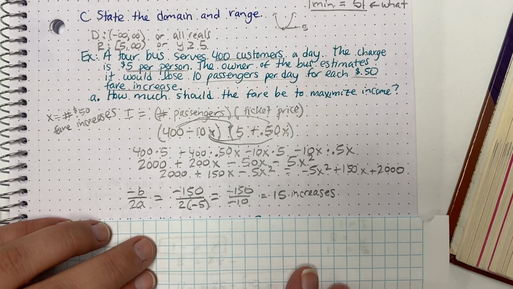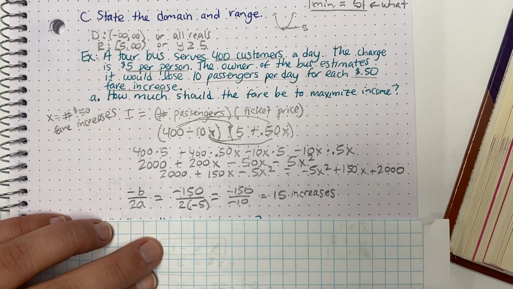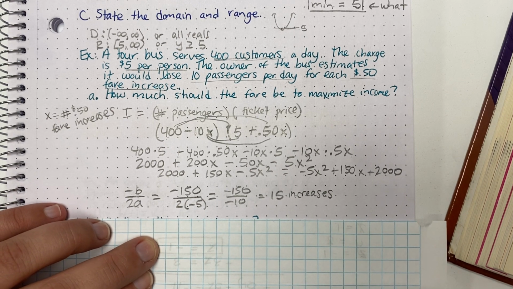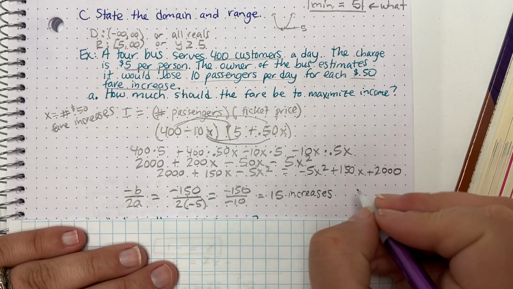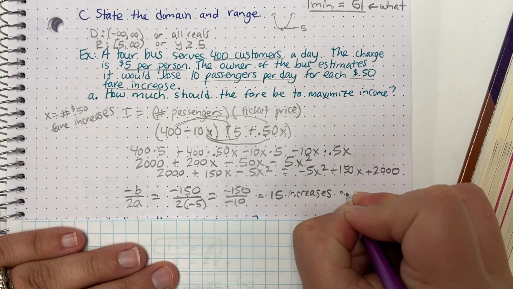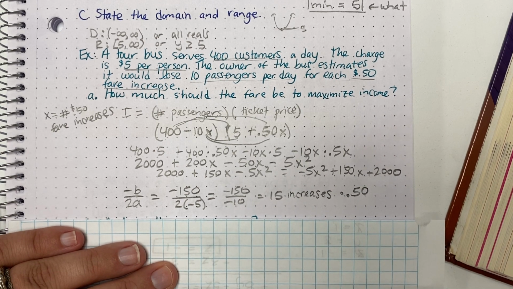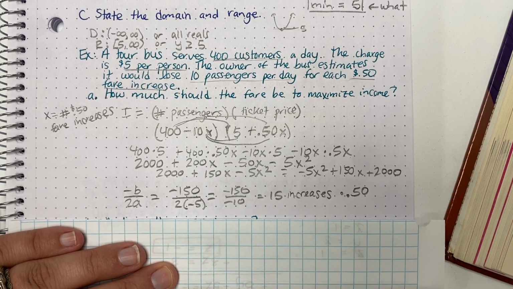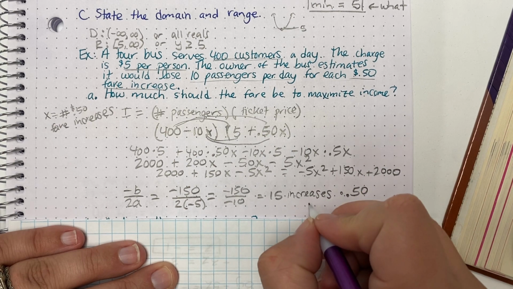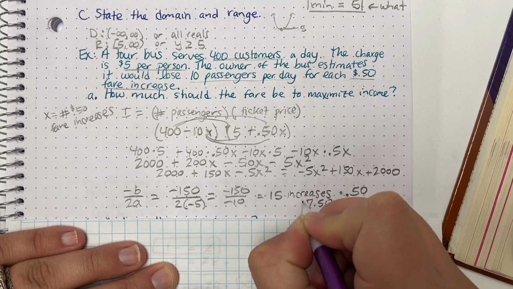All right. If I do 15 increases, that would be at 50 cents an increase to figure out how much our fare would increase. And that would be an increase of $7.50.